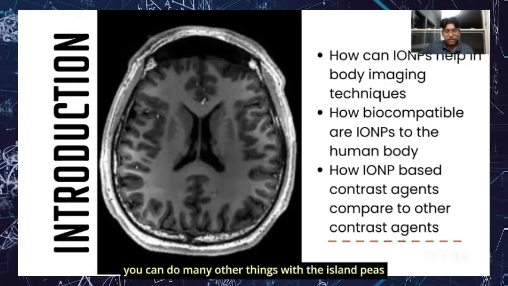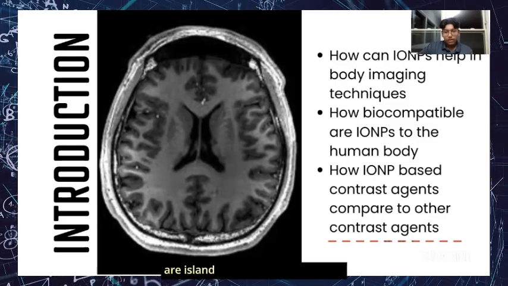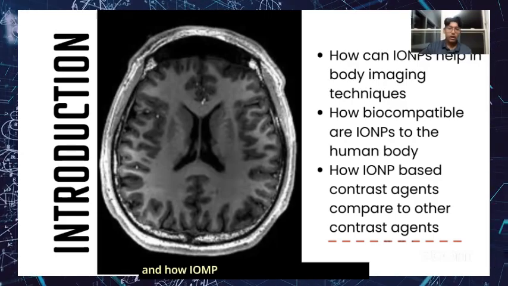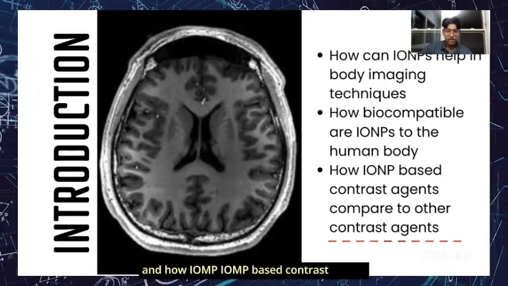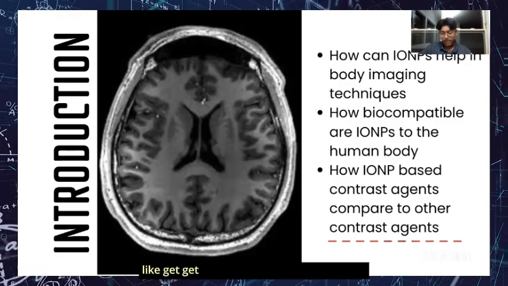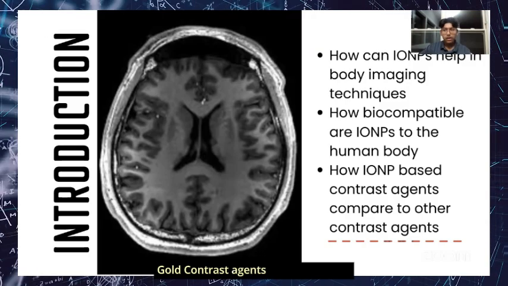I also looked into how biocompatible IONPs are to the human body, and how IONP-based contrast agents compare to other contrast agents like gadolinium-based contrast agents, gold contrast agents, and many more.